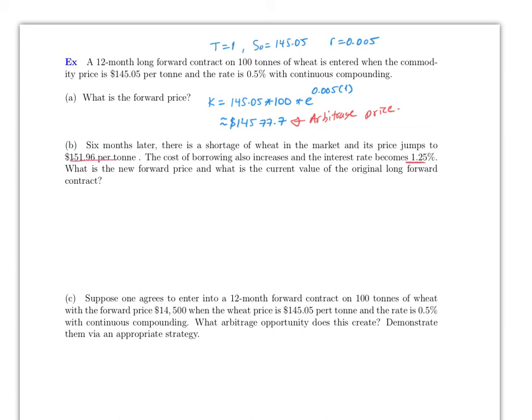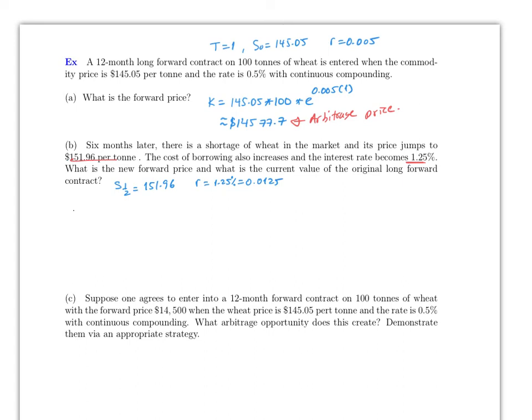So what is the new forward price, and what is the current value of the original long forward contract? All right, so here we have now that S of 1/2 is equal to 151.96. R is now 1.25%, which is equal to 0.0125.